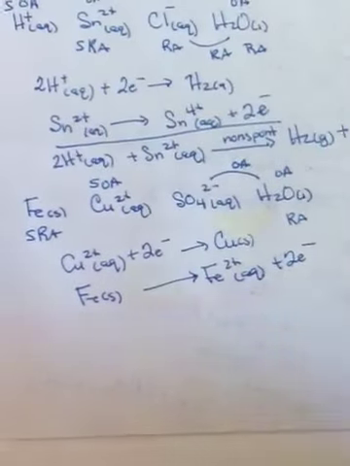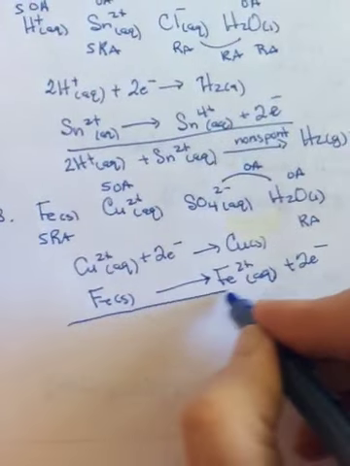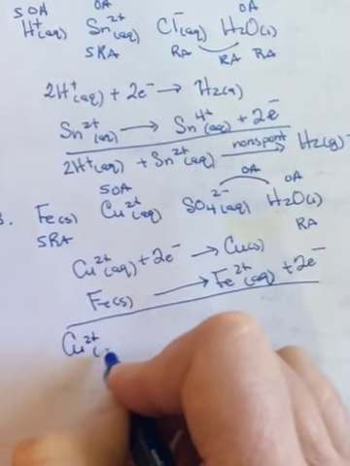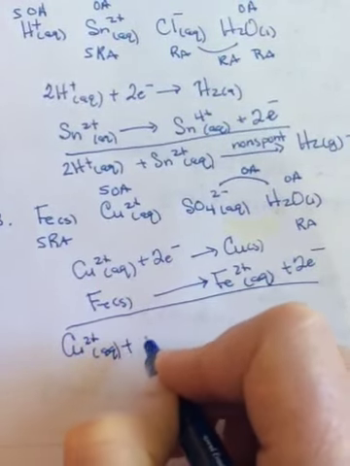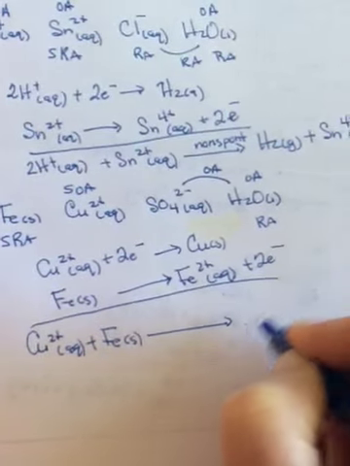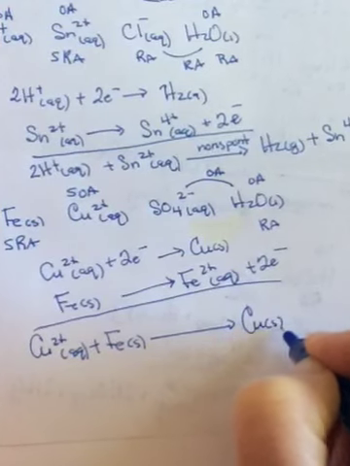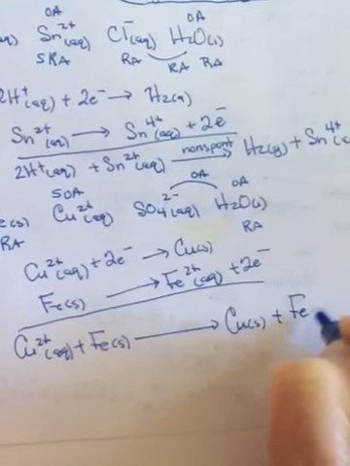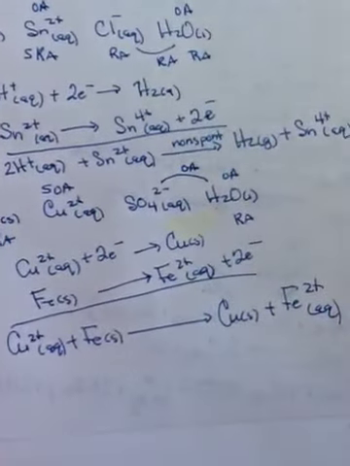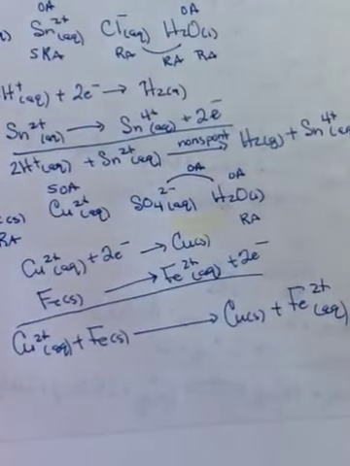It is already balanced, so we can just add them together, and we will have Cu2+ aqueous plus Fe solid going to Cu solid plus Fe2+ aqueous. That would be a single replacement reaction if you were naming it chemistry-wise.